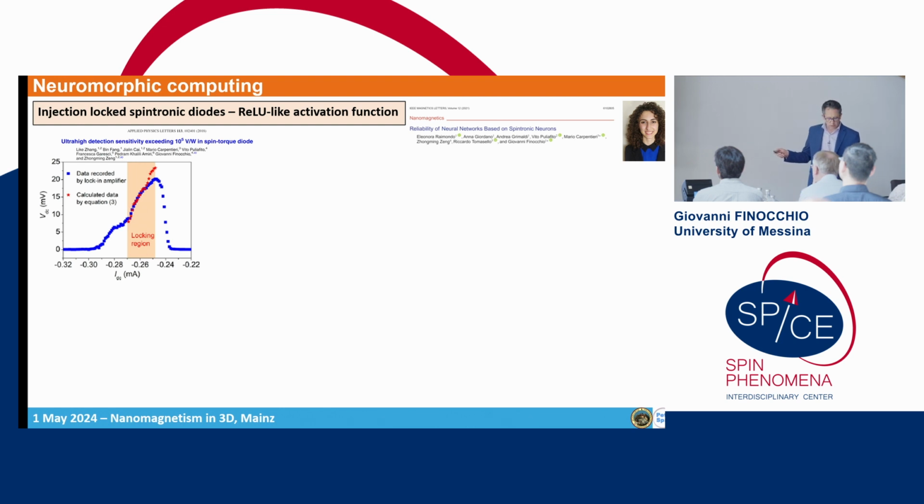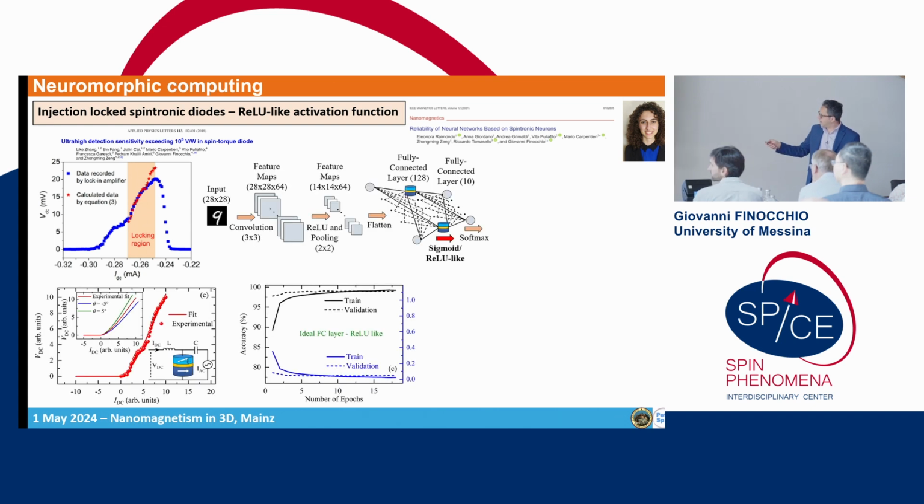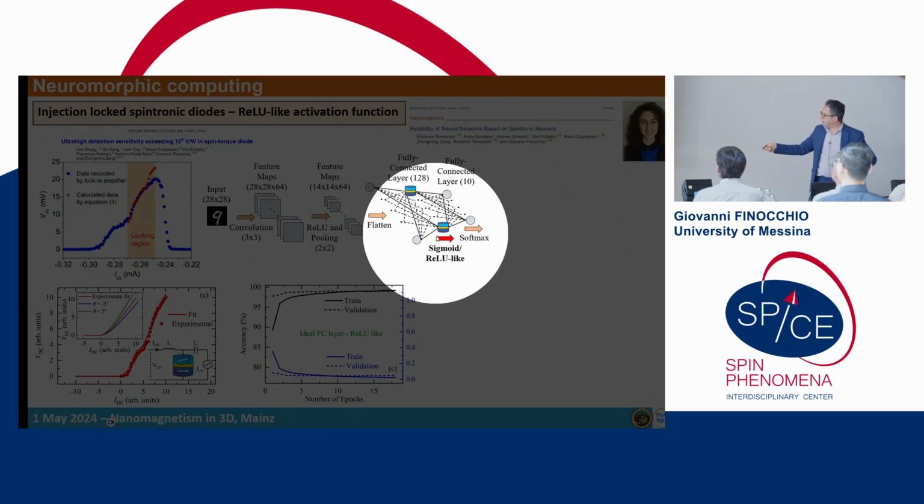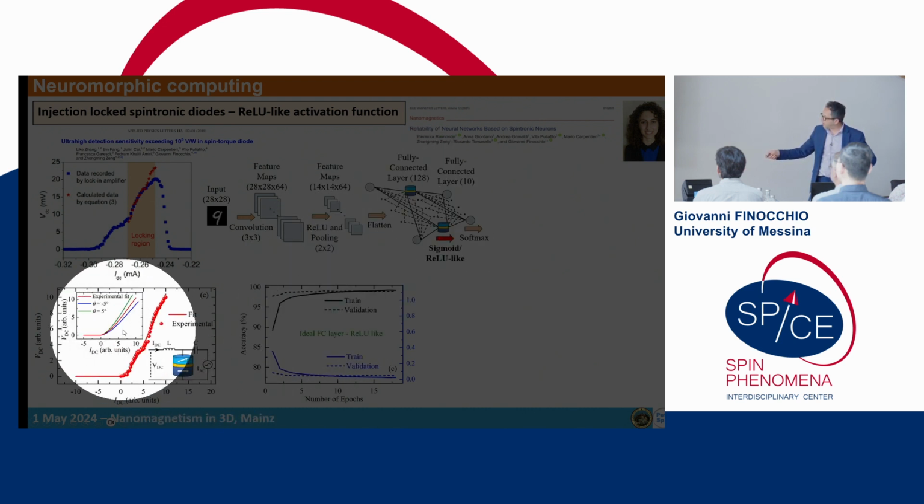I will share with you the one about the radio activation function we implemented recently. So we had basically a standard neural network. We trained this network with the MNIST database, a very simple database. And then when we emulate the transfer learning from software to hardware, what we did is we changed all these neurons here from ideal to non-ideal, and the activation function is sampled from what we found out experimentally.